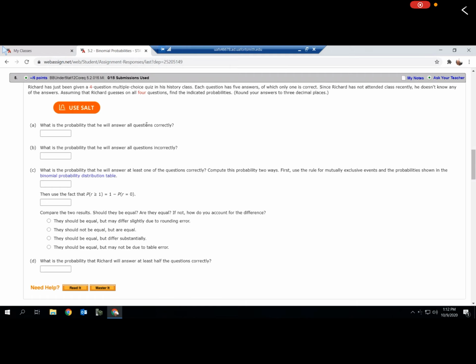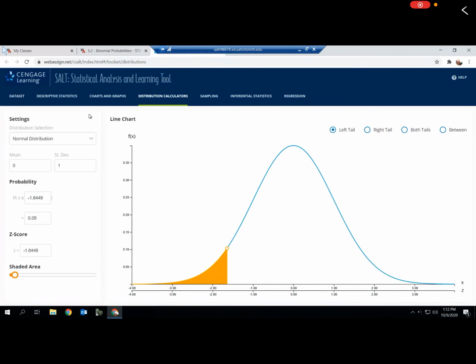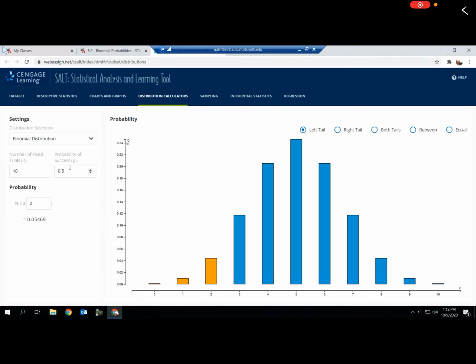Okay, so part A, what is the probability that he will answer all questions correctly? For A, we're looking for P of 4. When I open up SALT, in the top left, we're going to switch from normal distribution to binomial distribution.